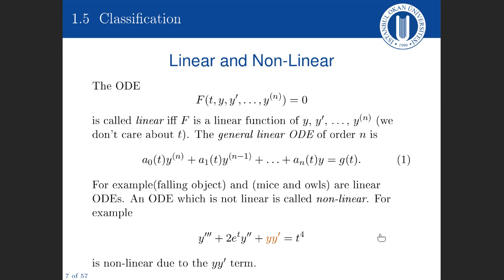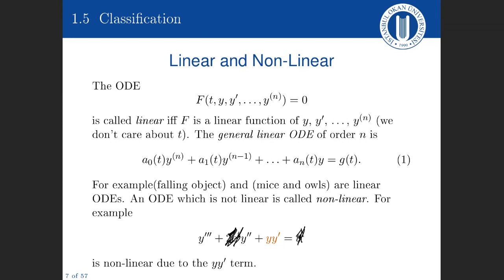An ODE which is not linear is called nonlinear. For example, y triple prime plus 2e to the power t, y double prime plus y prime is equal to t to the power 4 is non-linear because it has a y multiplied by y prime term in it. Let me do my trick from before. Let's cross off all of the functions of t because we don't need to worry about those.